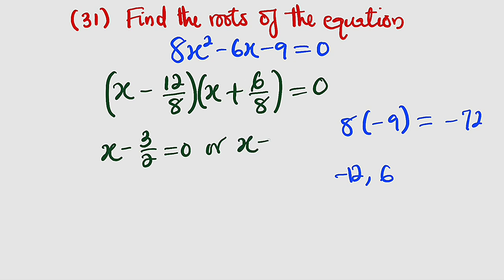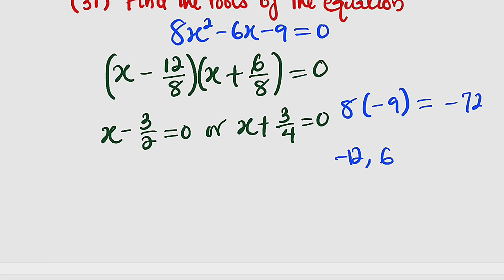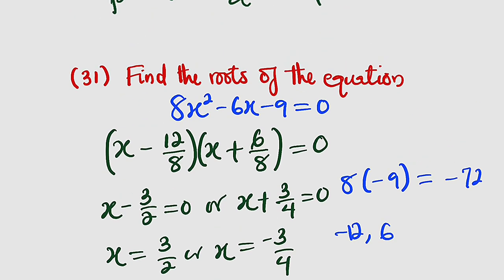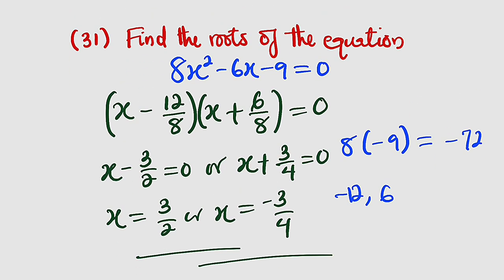So this is x plus 3 divided by 4, because 2 can divide 8 exactly 4 times. This is also equal to 0. So this implies that x is either equal to 3 divided by 2 or x equal to negative 3 divided by 4. And these are the two factors or the two roots of this quadratic equation.